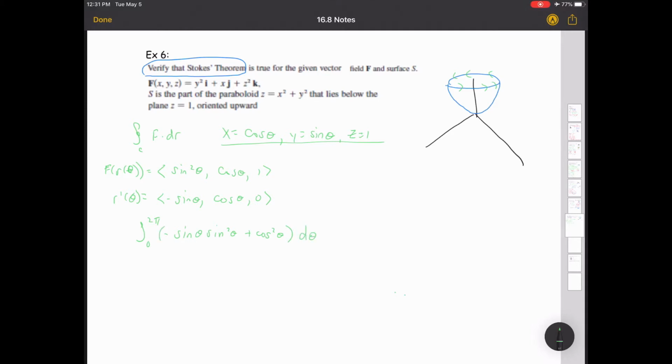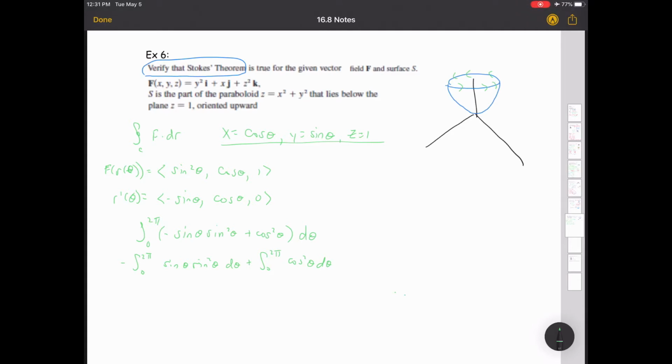d theta. Okay, and I'm going to go ahead and separate these integrals because I know that I'm going to have to do two different processes for the first part and the second part. So we're going to have 0 to 2 pi. I'm going to pull the negative out front from the first one, of sine theta sine squared theta d theta plus the integral from 0 to 2 pi of cosine squared theta d theta. Okay, in the first one, I'm going to have to rewrite that sine squared in terms of cosine so that I can do a u substitution.